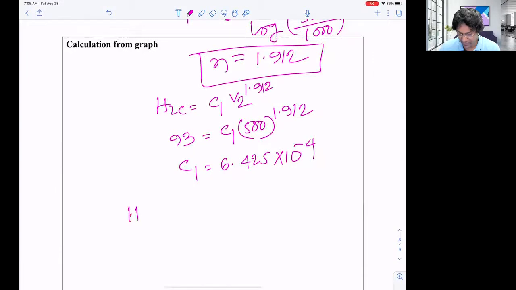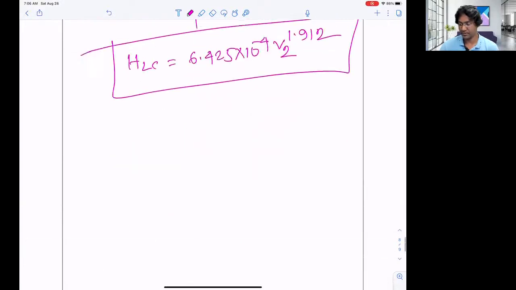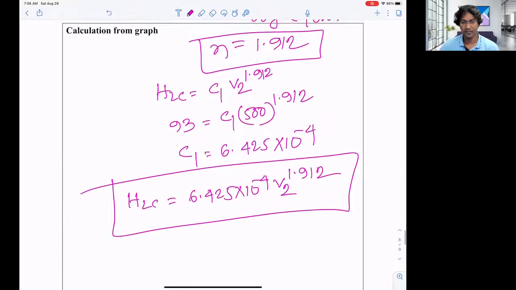So we have the empirical equation HLC equal to 6.425 into 10 to the power minus 4 V2 to the power 1.912. So that is the formula for head loss due to sudden contraction. So you know the head loss due to sudden contraction and sudden expansion by this time. So this is how we can calculate both head loss due to contraction and expansion. So that is, I think, the final calculation. We don't need anything.